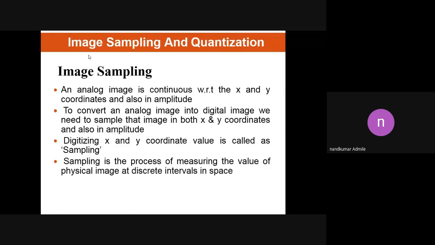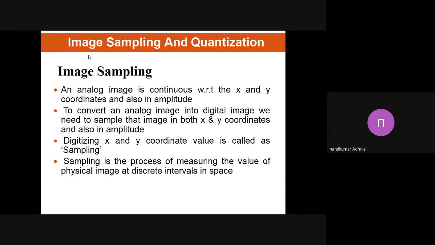Okay, so in order to digitize, in order to represent these two coordinates x and y, that process is called image sampling. Okay, meaning, we have an analog image, right? That analog image we can represent on an x plane and y plane. If we consider any image, the image consists of a number of colors, right?